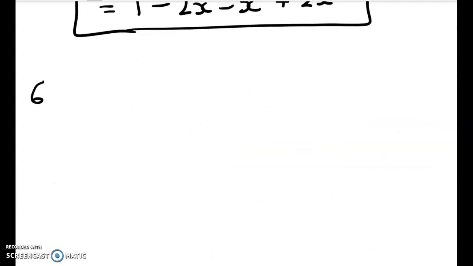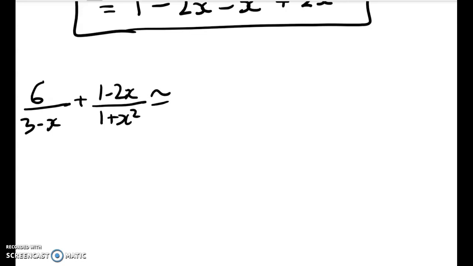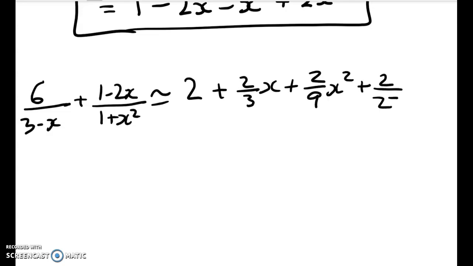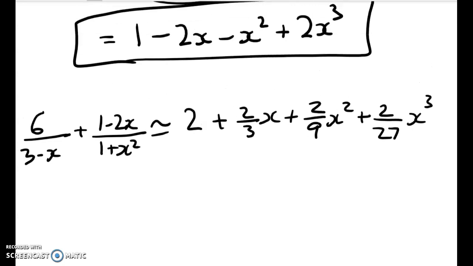So the whole thing is roughly equal to this. I've got 2 plus 2/3 x plus 2/9 x squared plus 2/27 of x cubed plus 1 minus 2x minus x squared plus 2x cubed.